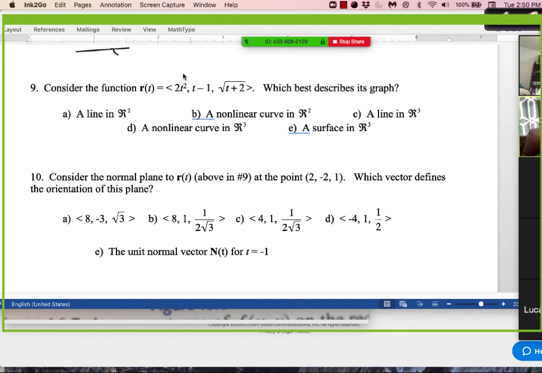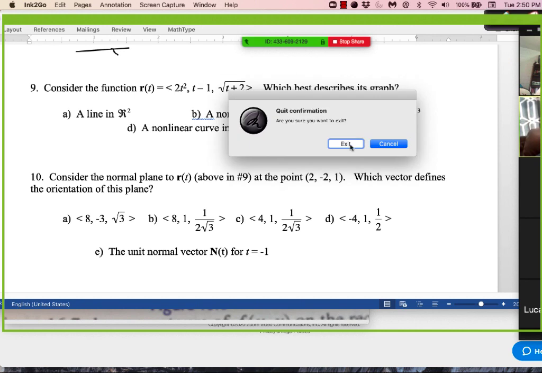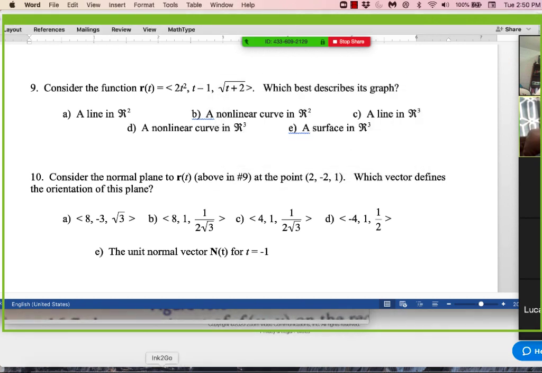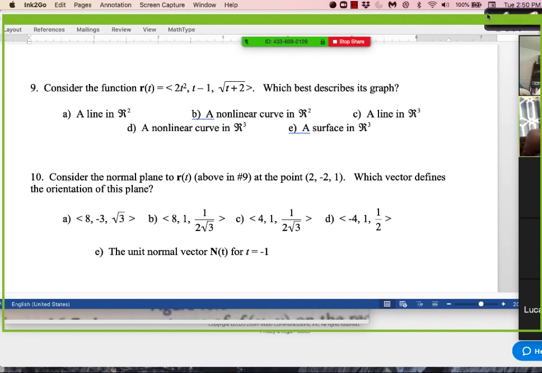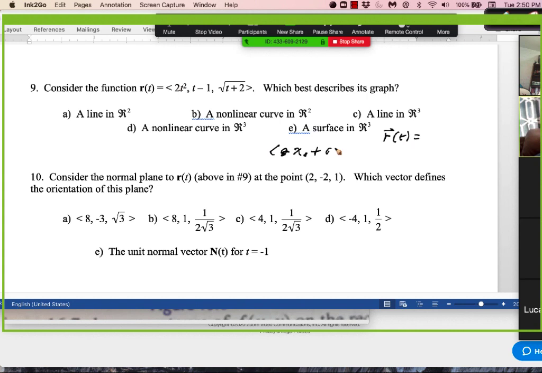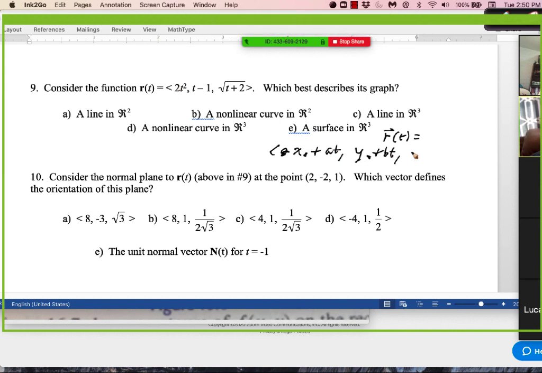Okay, I gotta turn this on and off again here. All right, let's see if that works. Okay, so remember a line specifically, yes, a line is a type of vector function, but specifically it's when you have, let's say, x naught plus at, y naught plus bt, z naught plus ct.